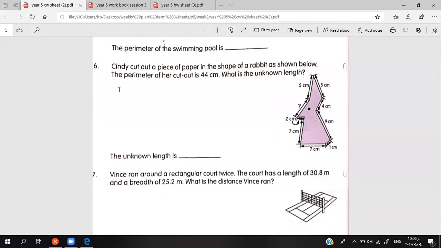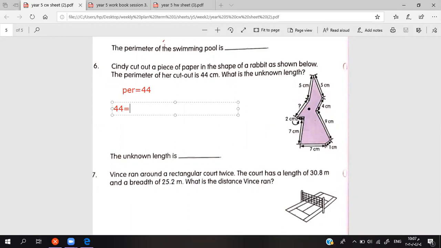So I must write that the perimeter equals 44. What is the unknown length? Here he gave me the length of all the sides except one side. It's the same as the one we did in challenge 3 before. So I know that all of them is 44.